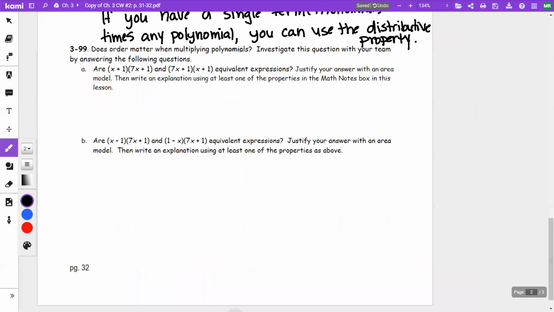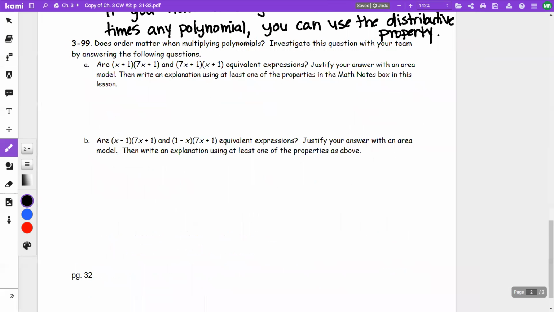Now on 3-99, they're asking us if order matters when we are multiplying these. So it doesn't matter if I do x plus 1 and 7x plus 1, or 7x plus 1 and x plus 1. Notice it's the same two terms. Let's say that on one of them, I put the x plus 1 here and the 7x plus 1 here.